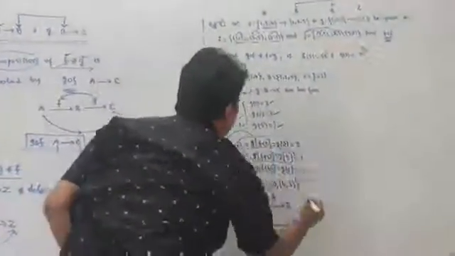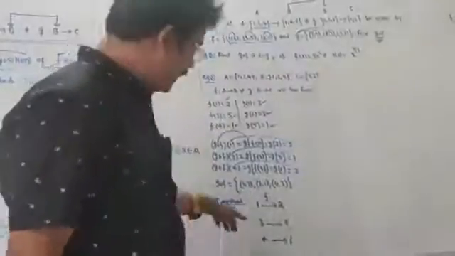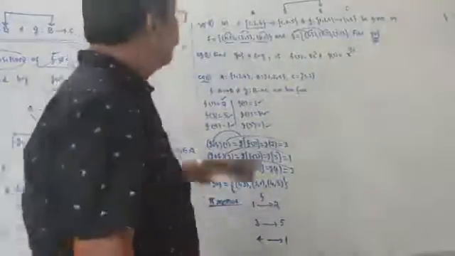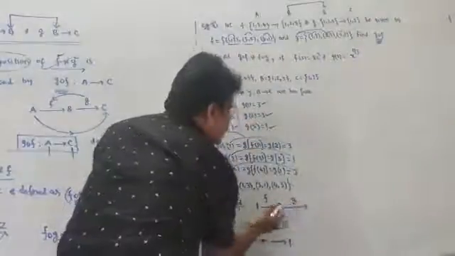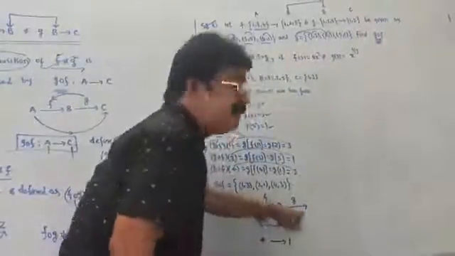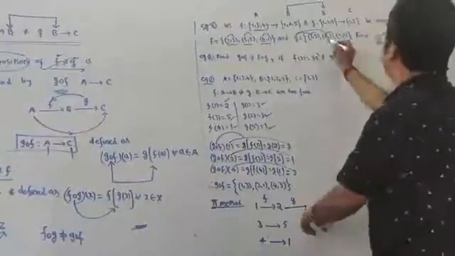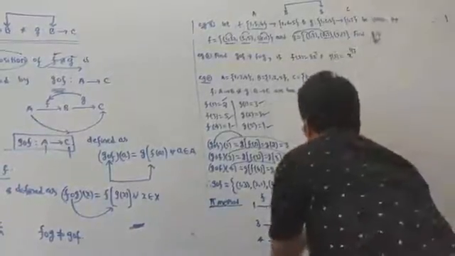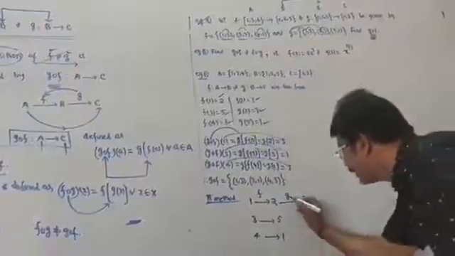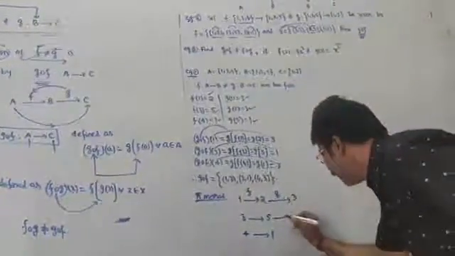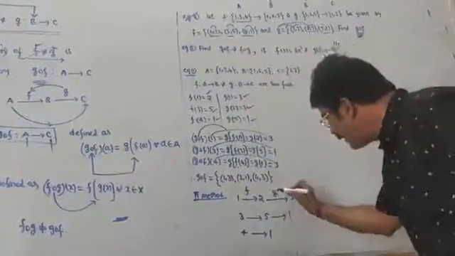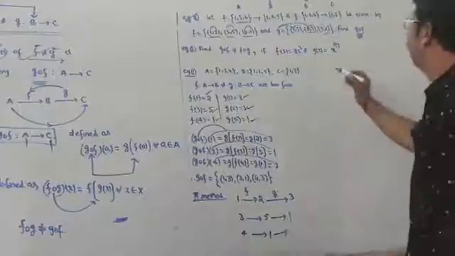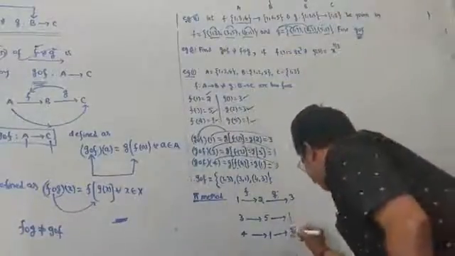This is all about F. Next, go to G. In G, 2 is mapped with which element? 2 is mapped with 3. Next, in G, 5 is mapped with 1. In G, 1 is mapped with 3.